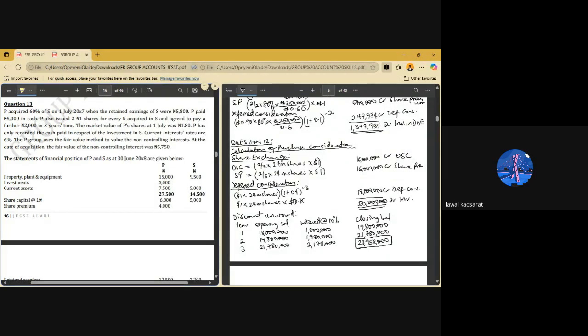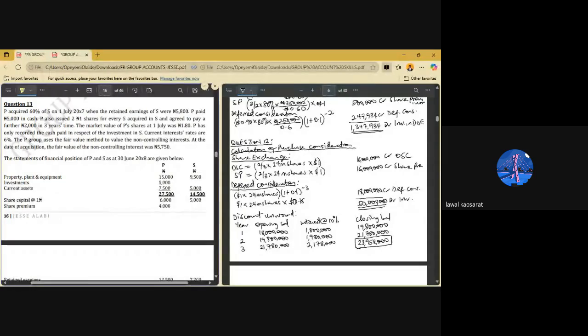The market value of P shares at the 1st July was 1.80. P has only recorded the cash paid in respect of the investment in S. Current interest rates are 6%.